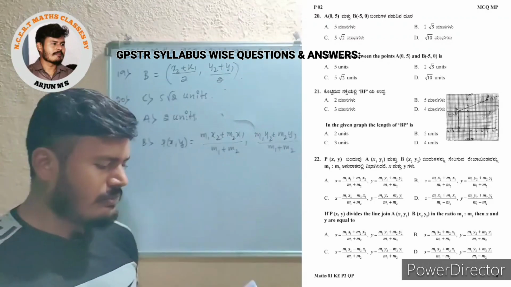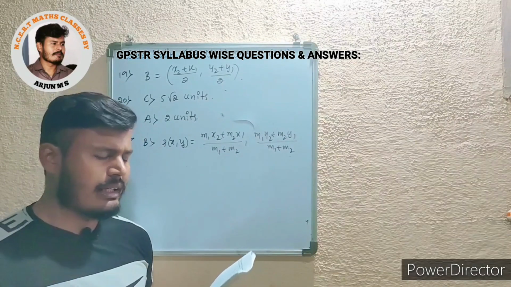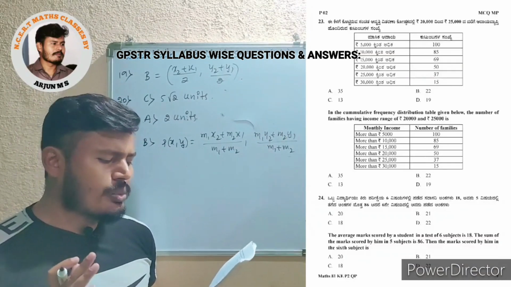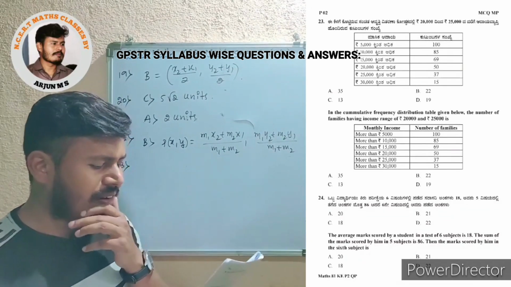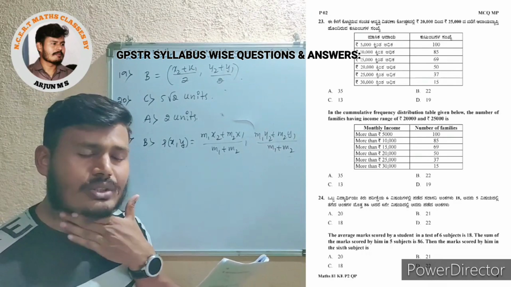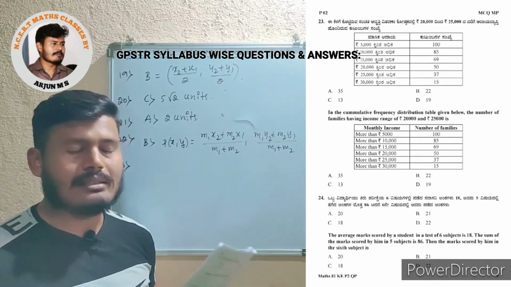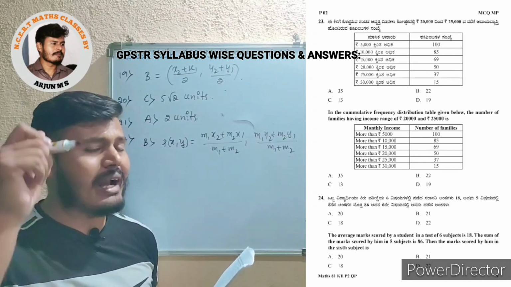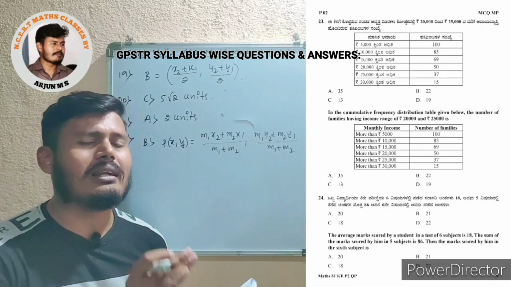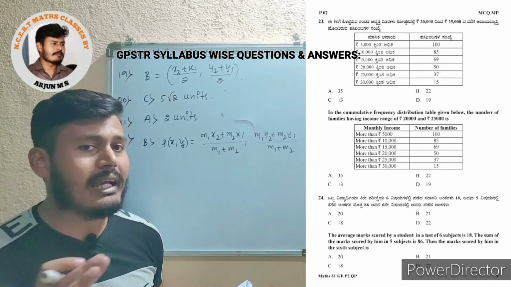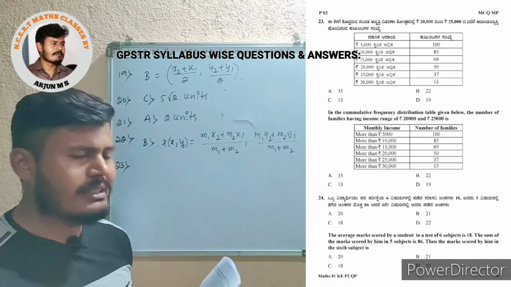Let us move to the 23rd, a very important and very tricky question. In the cumulative frequency distribution table given below, the number of families having an income range of 20,000 to 25,000 is... they are asking you to write the frequency corresponding to the class interval 20k to 25k. 20k means 20,000, 25k means 25,000, right?